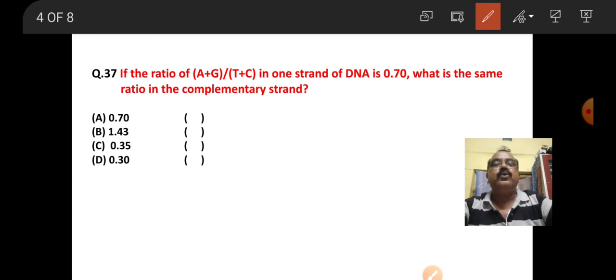When we make the solution, we will find the ratio is 1.42 point something. Hence, the correct answer is 1.43.